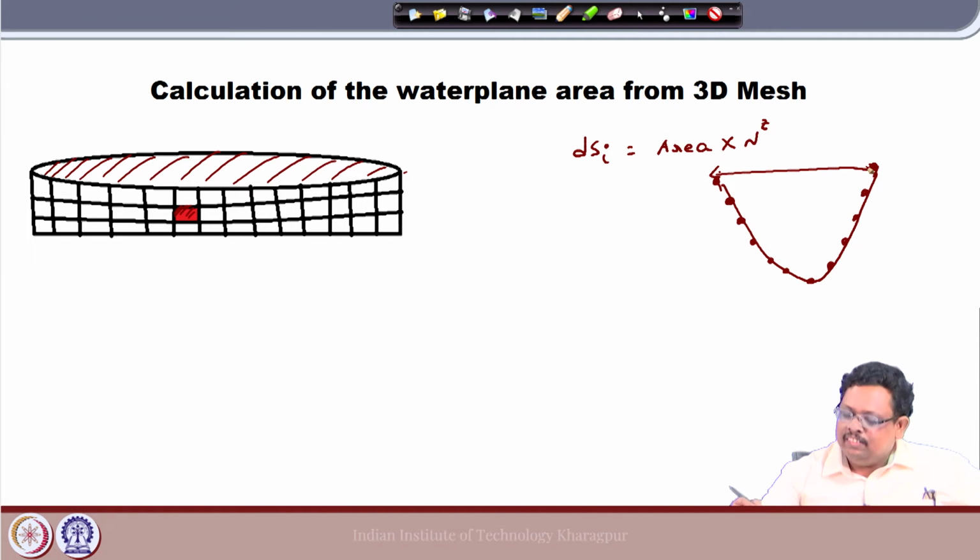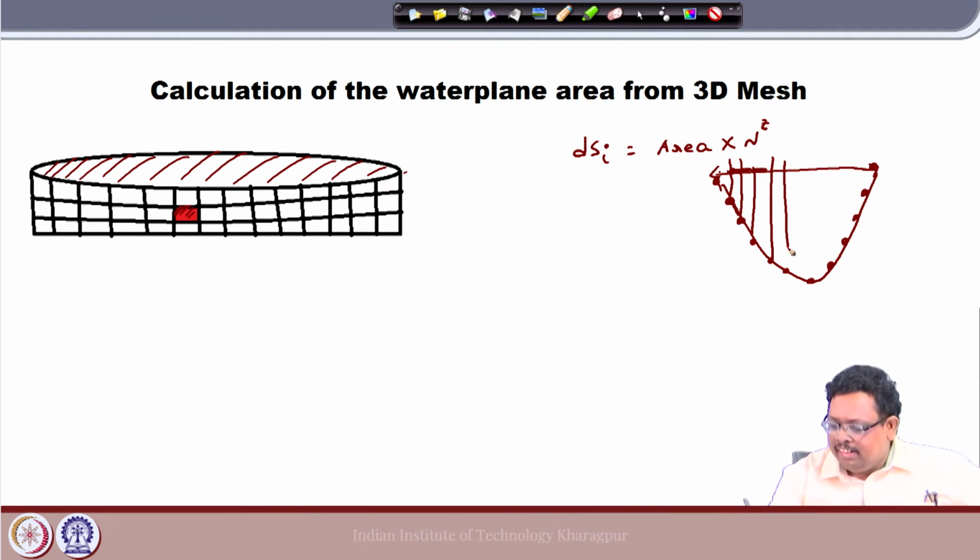What you do is take a length and project it onto the vertical plane, and you get this much length. Again, if you take these 2 points and take a vertical projection, you get this much length. If you take these 3 points and take a vertical projection, you get this. You keep repeating, taking the projection in the vertical plane, and you multiply this length by the normal to the z direction.